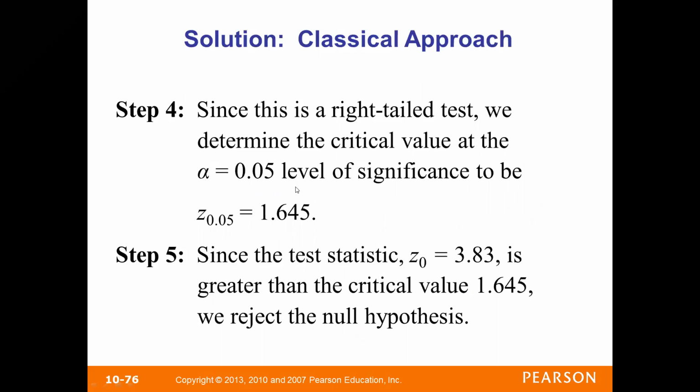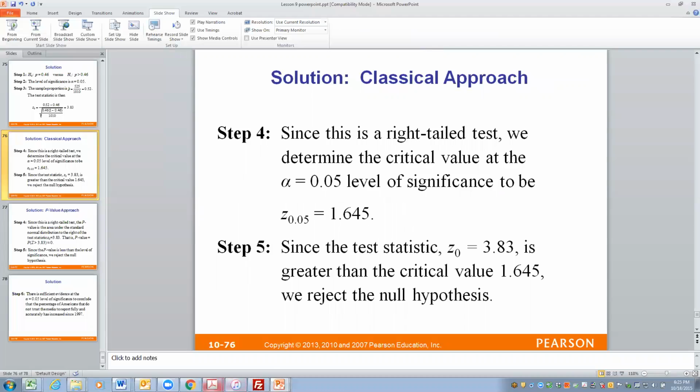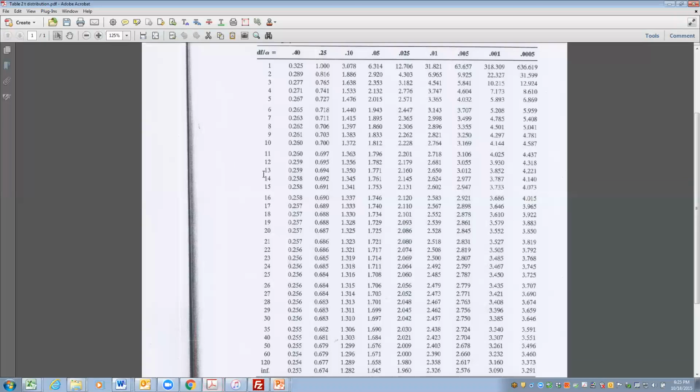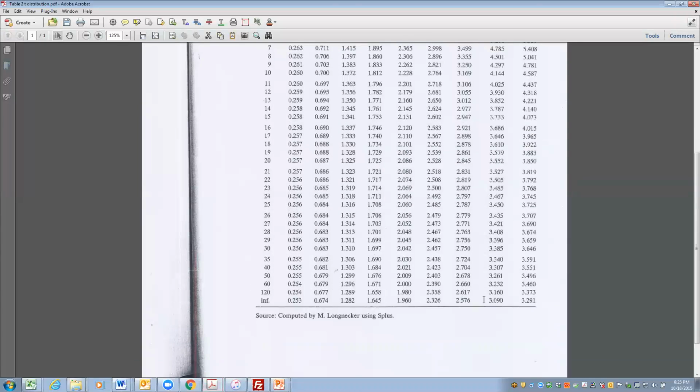If we look up the critical value for a one-sided test, z sub 0.05, that's 1.645. Again, one-sided meant all of the significance was going in one section. We could look up z sub 0.05 either from my z table, or I could go to my t table and remember that I have the infinite row.